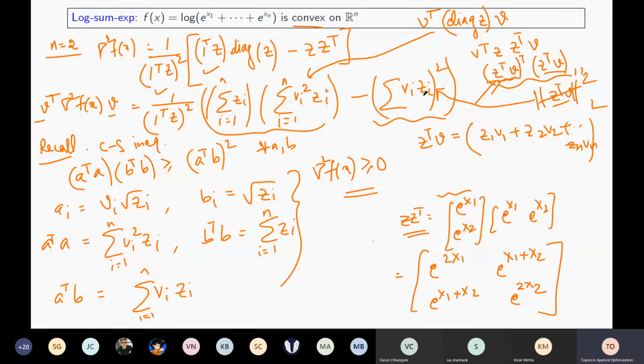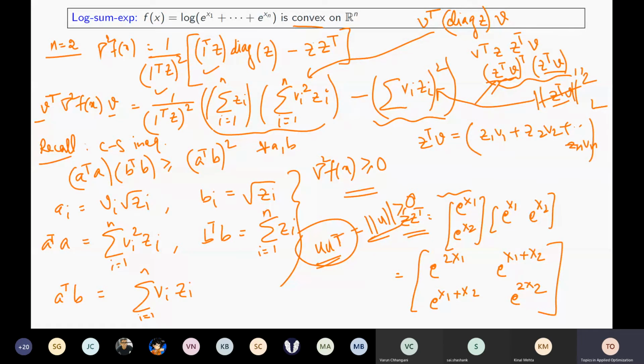Either you use the Cauchy squares form, or you transform something into the form of u transpose u, which is a norm, and then this is greater than or equal to 0. So these are the two main ways, for a multivariable function, that you can prove these inequalities.